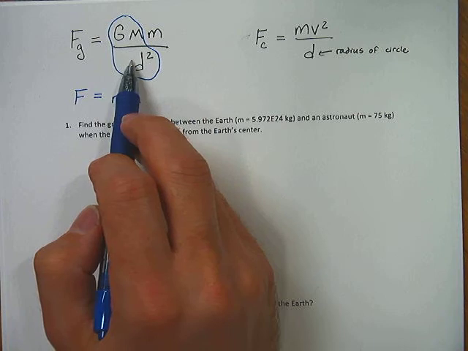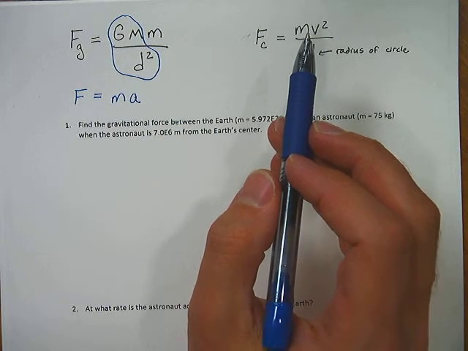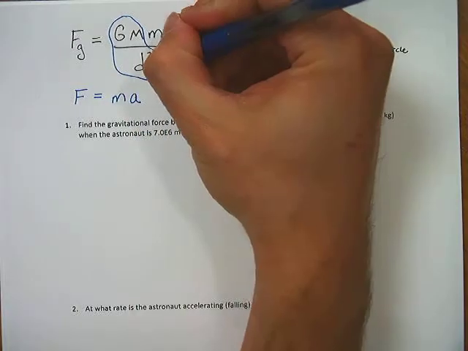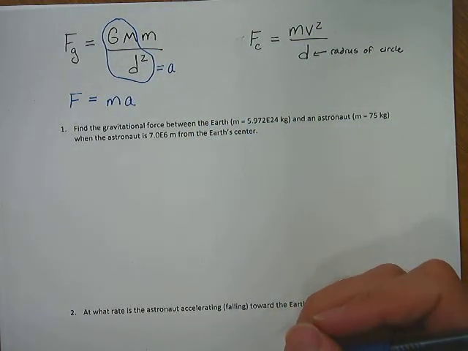And this is the expression you would use to calculate how fast something is accelerating when gravity is pulling on it, if gravity is the only thing pulling on it. So this is an acceleration.